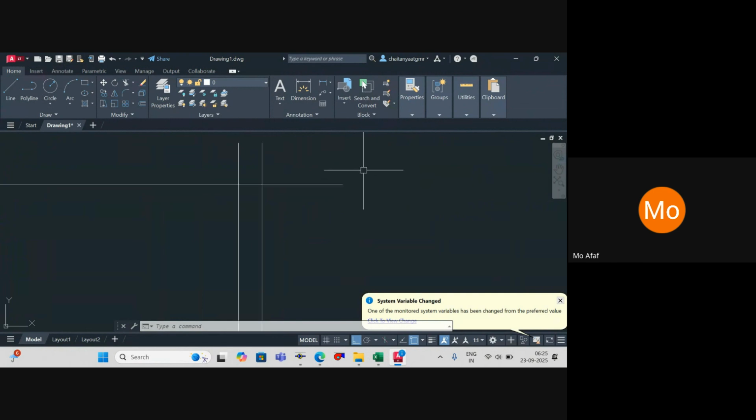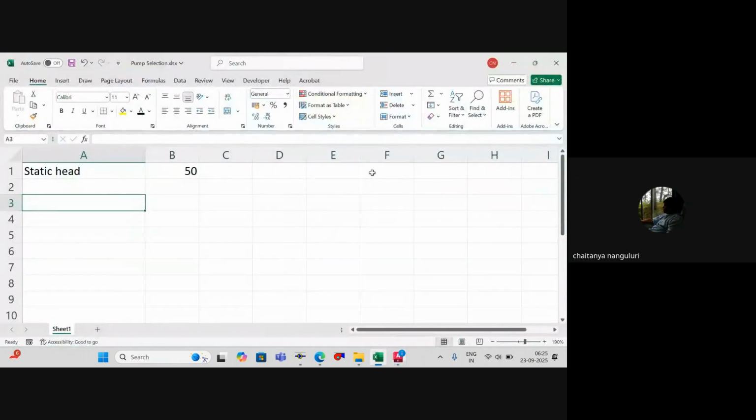So practically you need not require any pressure. But anyway, we take a factor of safety. So don't worry, pressure head I can take as 0 feet.